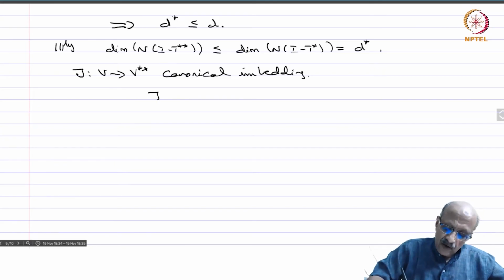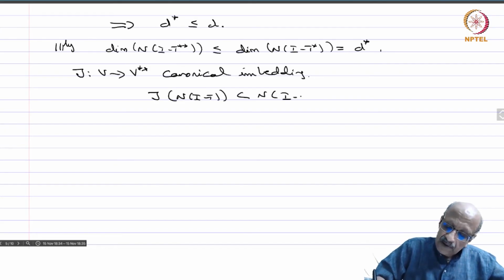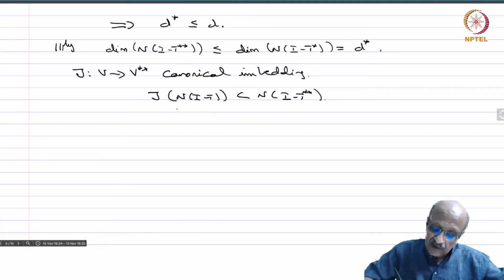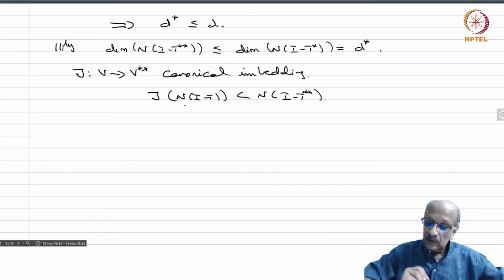then J of the null space of I minus T is contained in the null space of I minus T double star. You can check this. Okay, so this is very trivial checking. All you have to do is to find I minus T double star of Jx, and then apply the definition of T double star, and use the adjoint equation every time, and then you will get that this is equal to 0 because this is equal to 0.